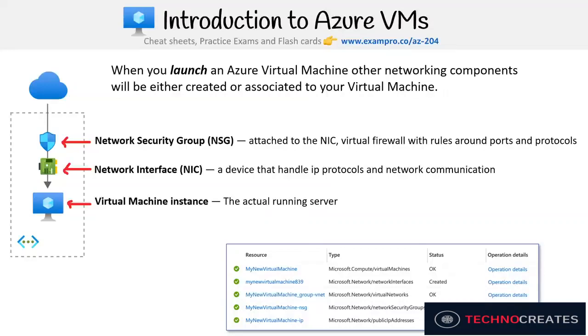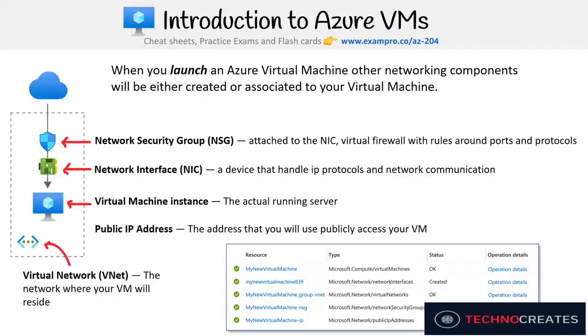That's the version that is currently running. It's going to get a public IP address assigned to it. So that's how people from the internet can actually access the virtual machine. And then you're going to have to launch it within a virtual network. So you're going to have that VNet. You'll either choose one or you'll be creating one during that wizard process. So there you go.